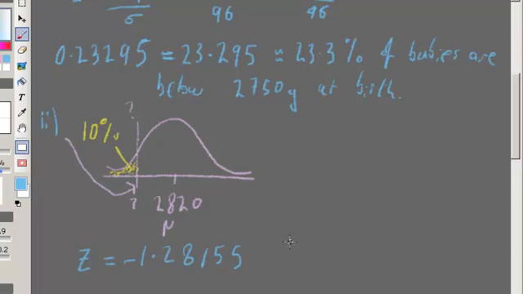So this is the number of standard deviations below the mean.